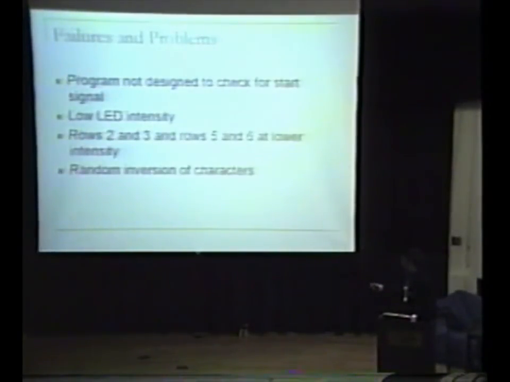Also, rows 2 and 3 and 5 and 6, which were tied together, were even a lower intensity than the other rows because they were sharing the same signal. And another problem encountered was that an occasional inversion of characters would occur.